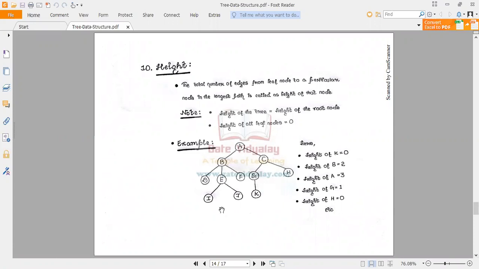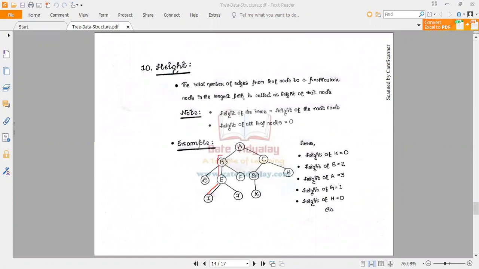So we can say height of K is 0 because it is the leaf node. Height of B is 2 because we have to traverse two nodes above. Here you can check height 1, this, and this is height 2.